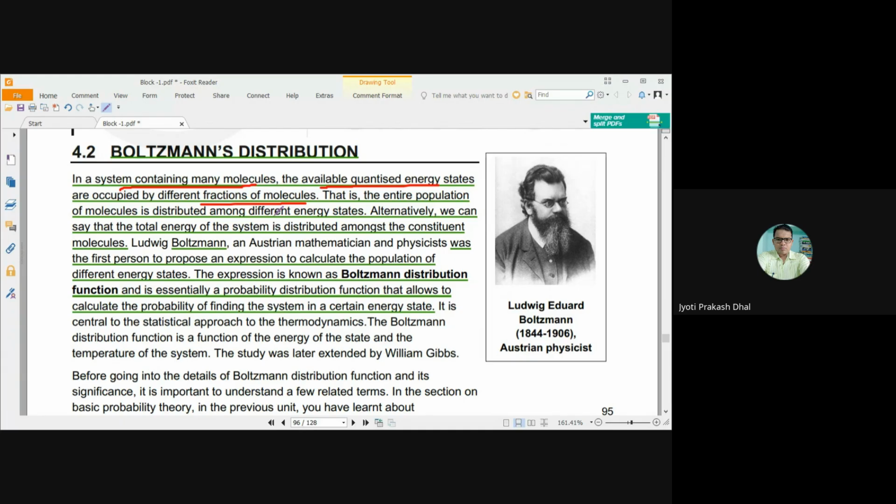Out of the total number of molecules, different fractions are present at different quantized energy levels. So the entire population of the molecules is distributed among the different energy states. Alternatively, we can say that the total energy of the system is distributed among the constituent molecules.